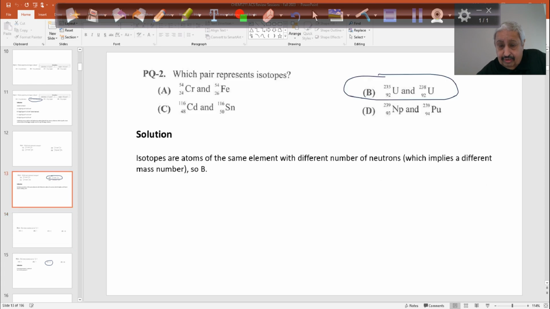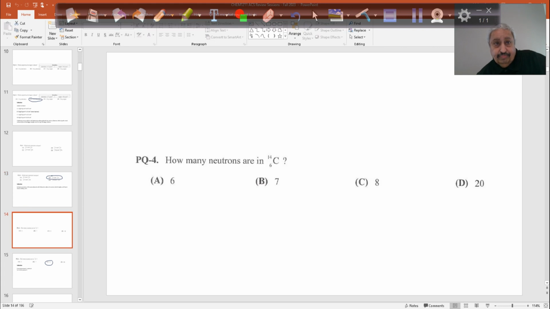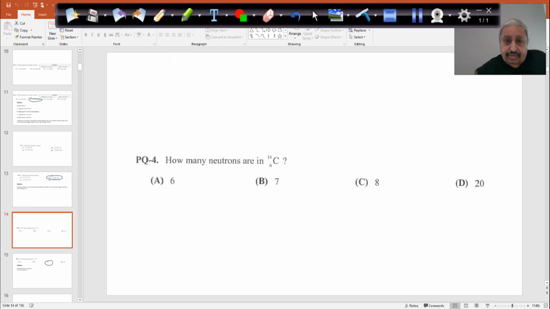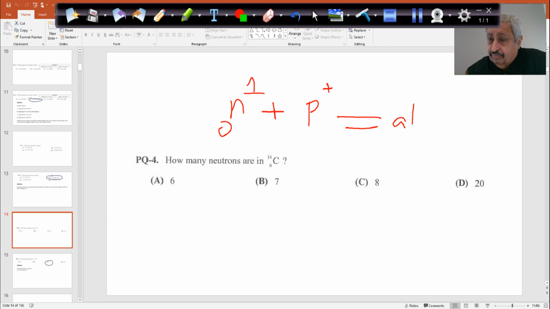It is neutrons plus protons, correct? Equal to the atomic mass. This equals 14.